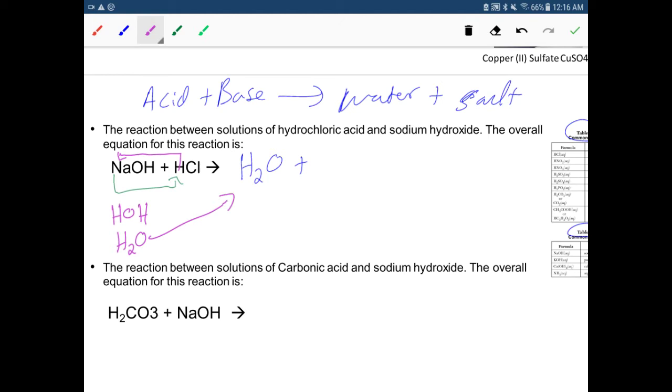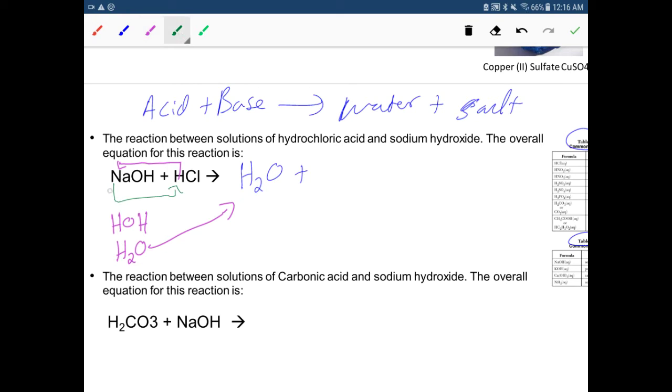And then for the salt, it's when Na and Cl combine to form the product, the salt. For double replacement reactions, when you write the chemical formula for a product, remember what we learned in the first term about how to write the chemical formula when two ions react.